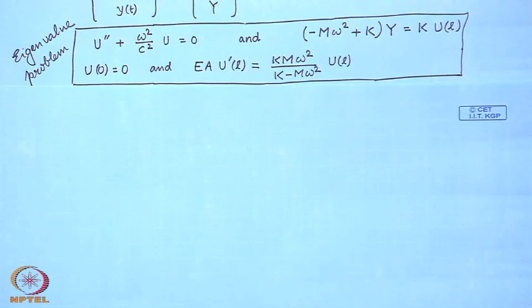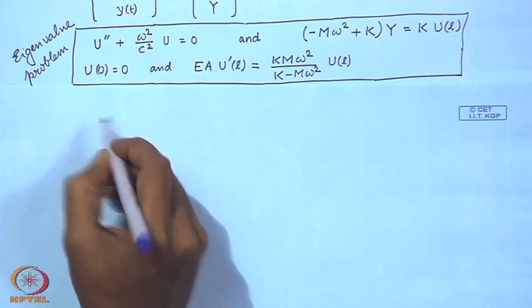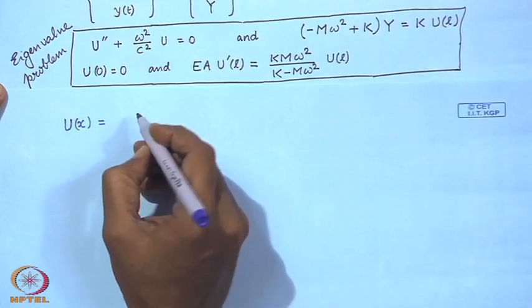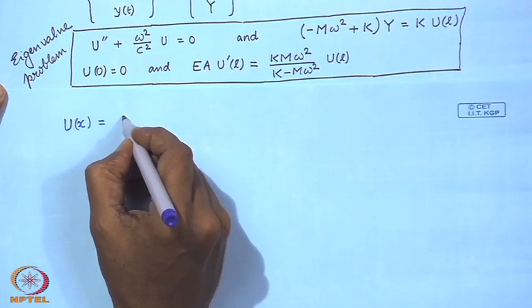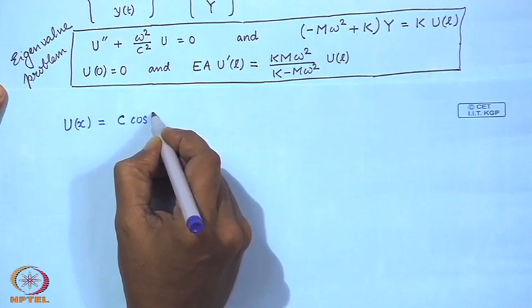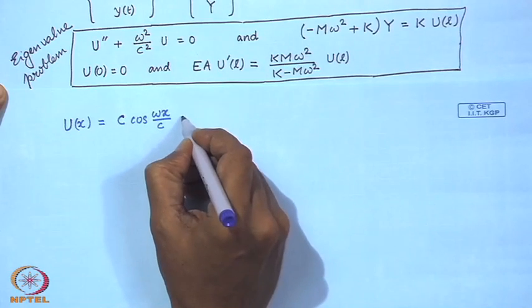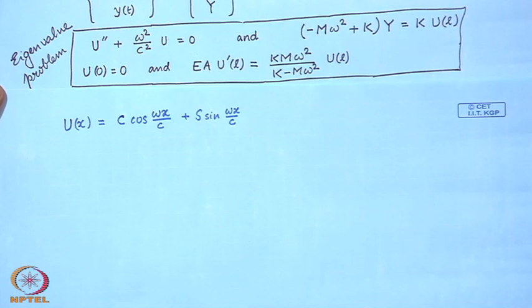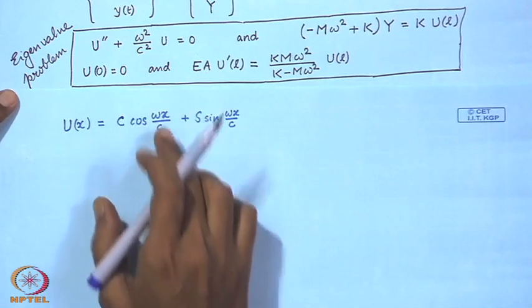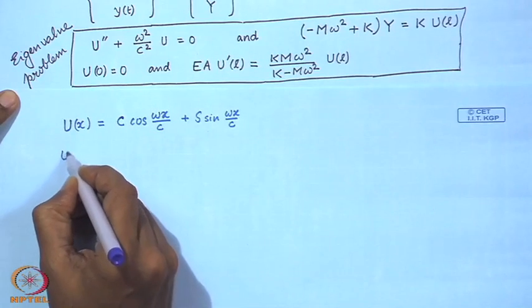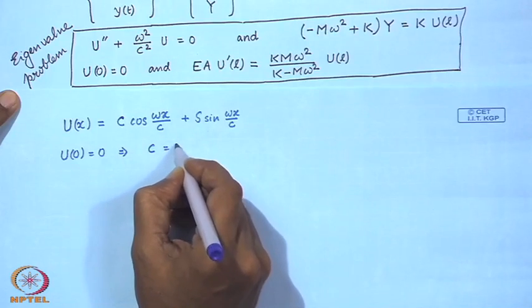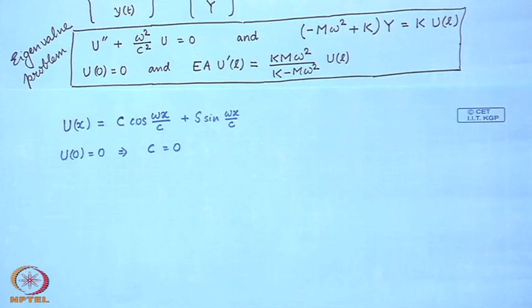Now, the solution of this differential equation may be represented in this form, and if you use the boundary conditions, the first boundary condition, for example, directly implies C, capital C, is equal to 0.